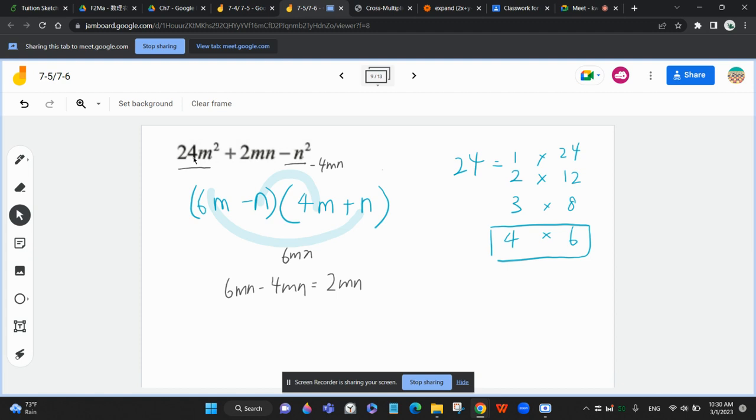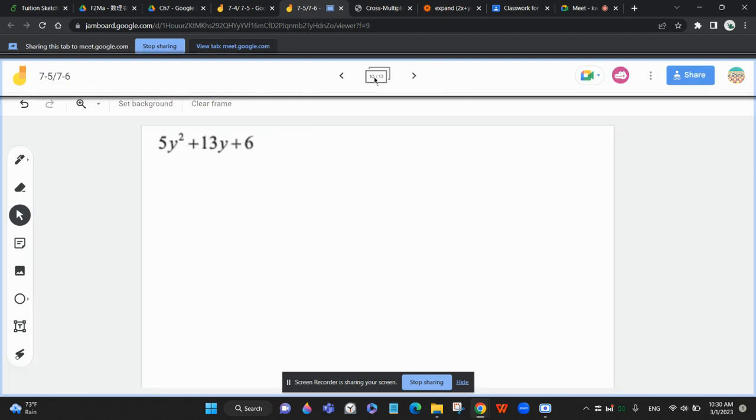While the 24m square is a bit hard, you need to factor out the 24 to be 1 and 24, 2 and 12, and so on, and then you can guess which one will add up to have the same term as this 2mn. Yeah. So the next question.